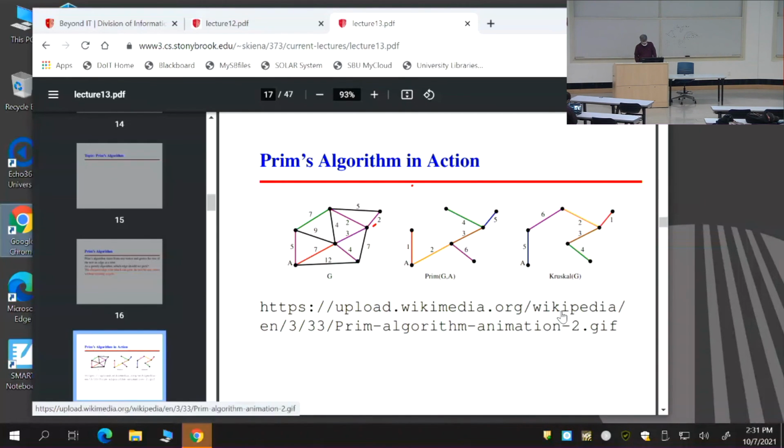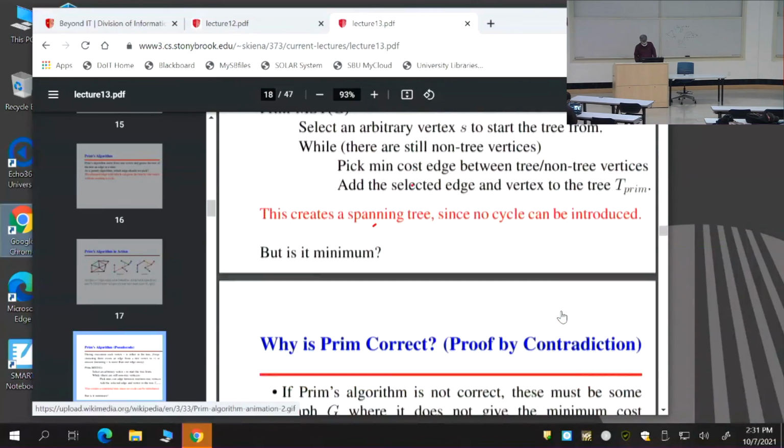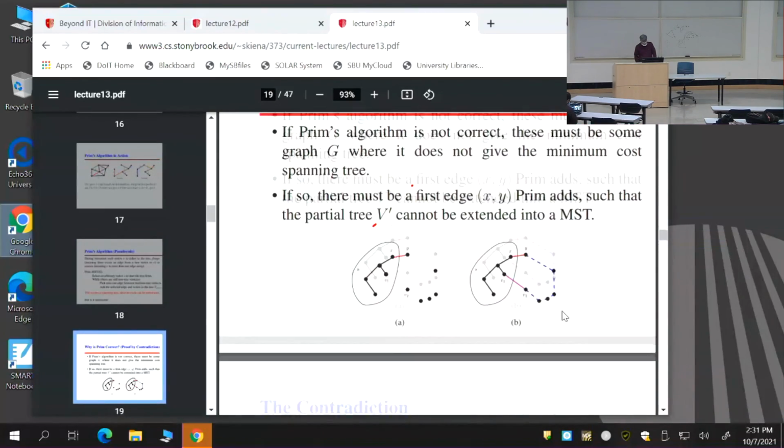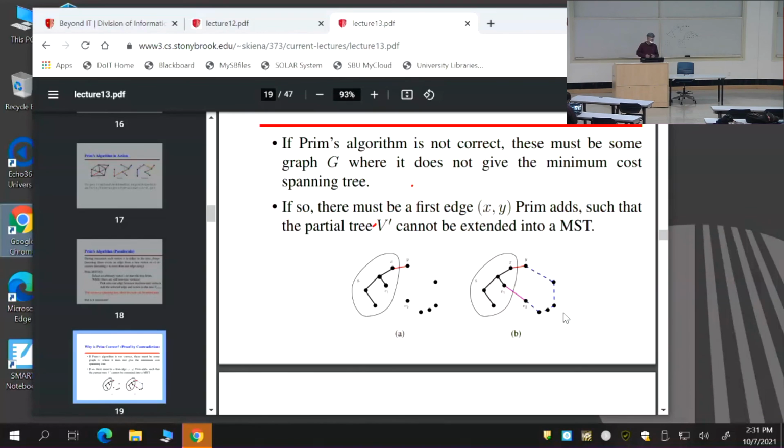What I want to do now is to argue why Prim's algorithm is correct. It's not obvious that Prim's algorithm should be correct. The greedy algorithm for traveling salesmen was not correct. Why is Prim's algorithm going to be correct?